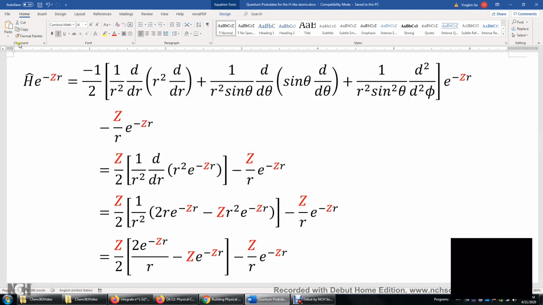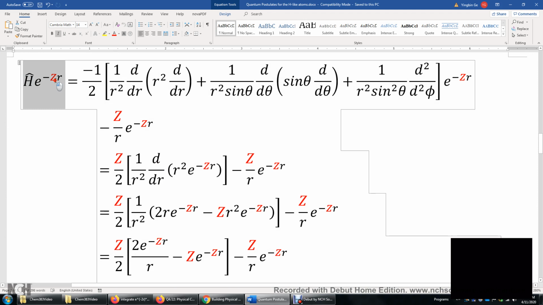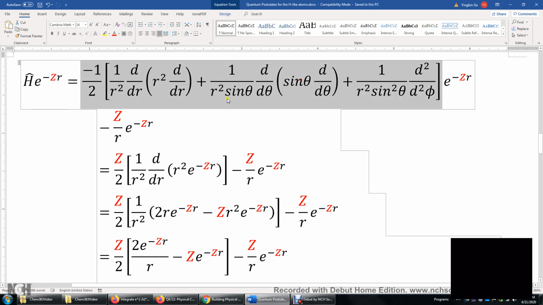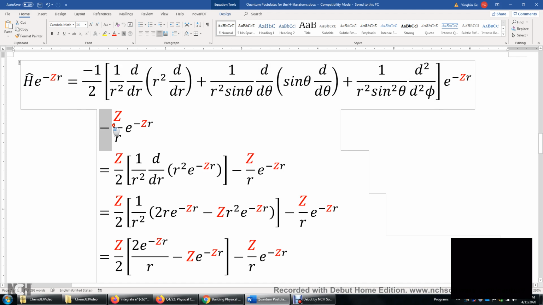I will now prove that this 1s orbital of the hydrogen-like atom or ion is indeed an eigenfunction of the total energy operator, and then we will get the eigenvalue. So we're going to apply this H to this wave function. H is the sum of the kinetic energy operator, which is here, and the potential energy operator, which is here.